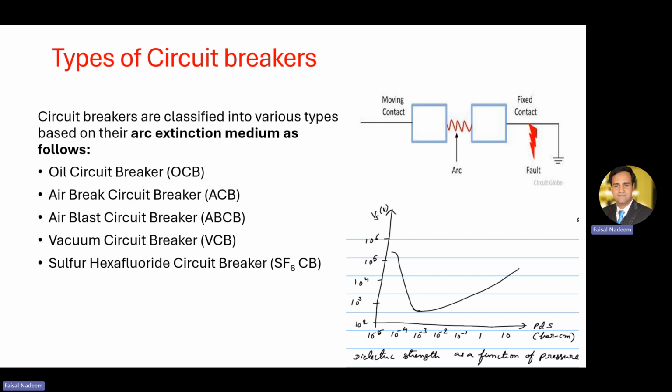Oil is a wonderful medium for arc quenching, but because of the decomposition of the oil, there is always carbon which accumulates on the contacts of the circuit breaker. And due to this accumulation, the circuit breaker contacts may become less efficient. So oil is a good quenching material, but it has this limitation.